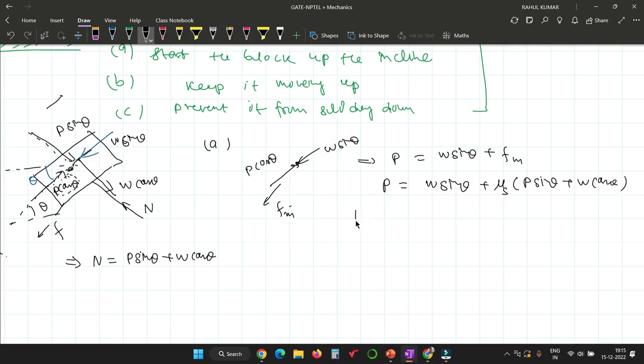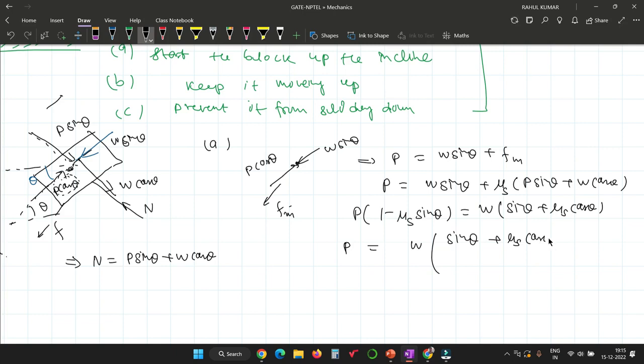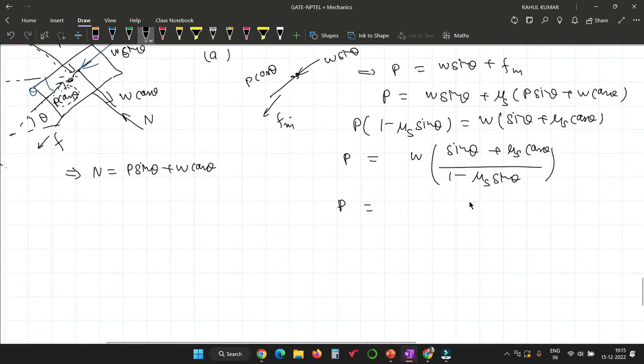When you move P to one side, you will get P times 1 minus mu s tan theta equals W times sin theta plus mu s cos theta.